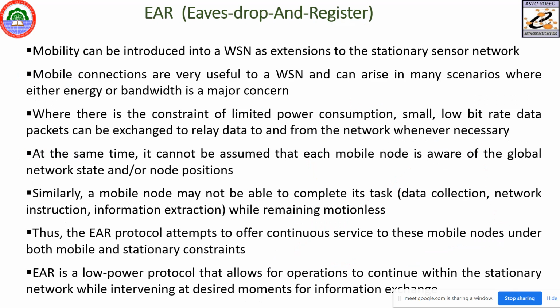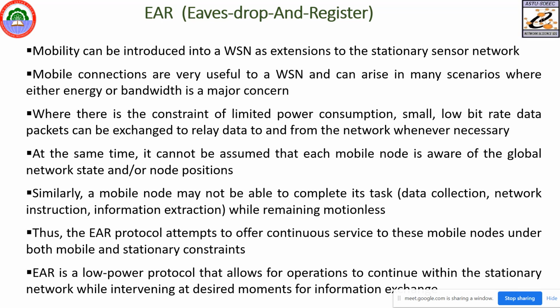Likewise, there are some other protocols which are not related to the categories we discussed here, location based or hierarchical based or clustering based. These are not related to any other categories. There are some protocols which deal especially with mobility.